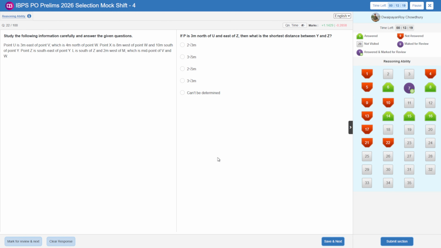What is M? M is midpoint of, okay, and 2 meter west. Z is 2 meter to the west, right? So this is Z, 2 meter west of V, okay. L is to the south of Z, but how much?